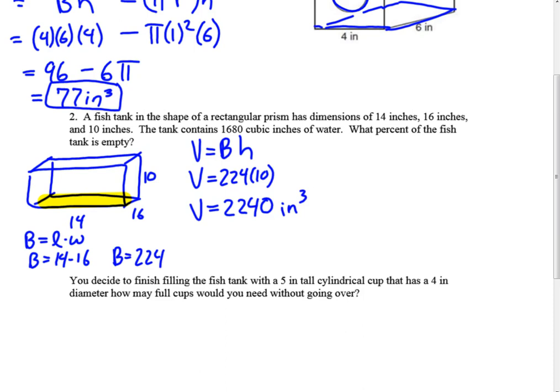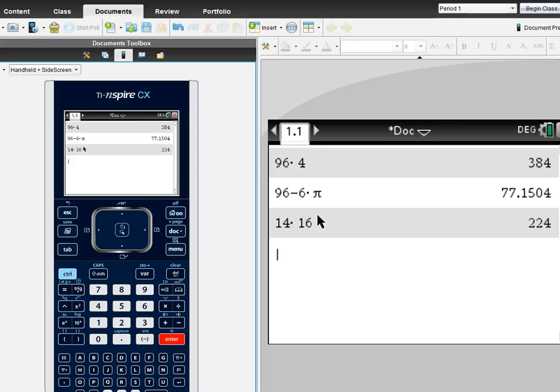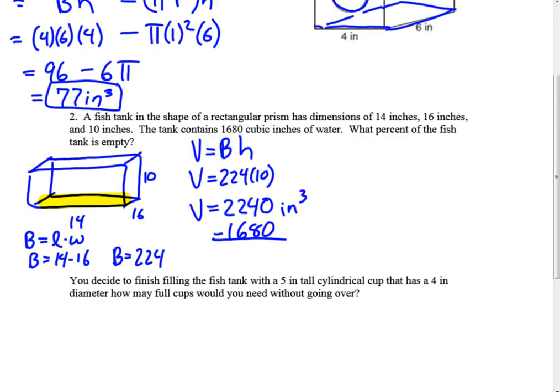Now the tank contains 1680. What percent of the tank is empty? So let's first figure out how much is not in there. If we subtract 1680 from that value, 2,240 minus 1680 is 560. So that means we've got 560 cubic inches that's not being used.